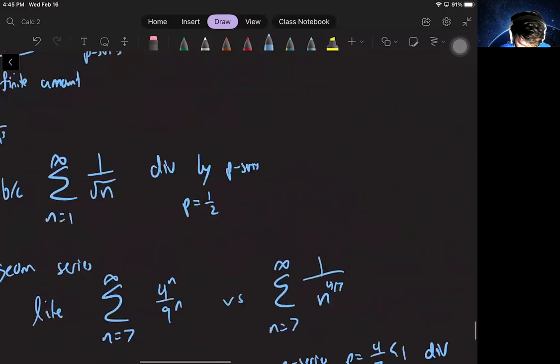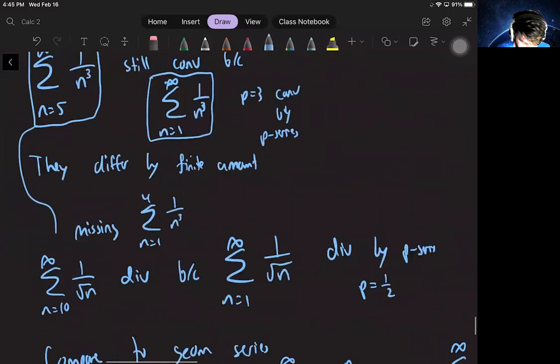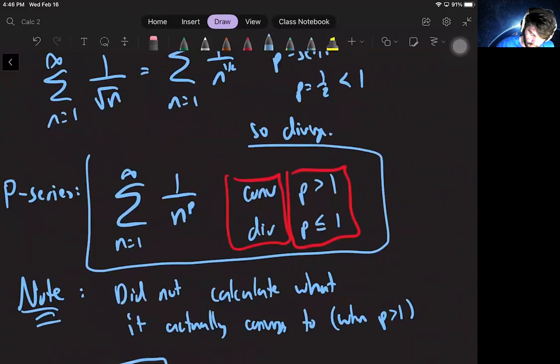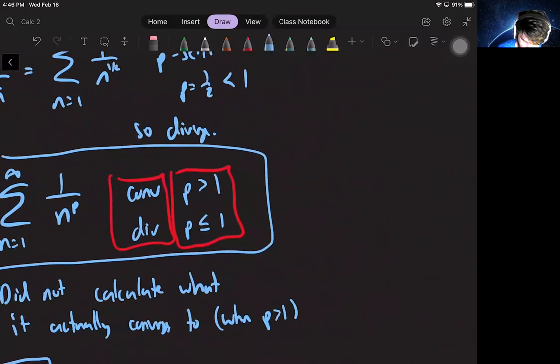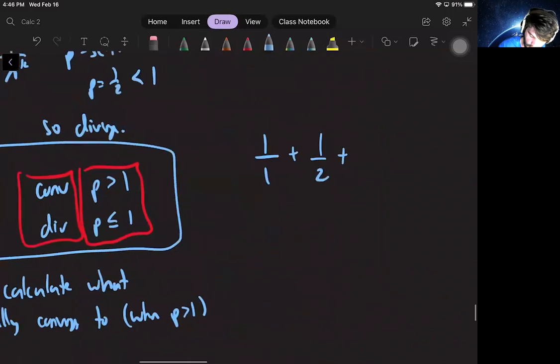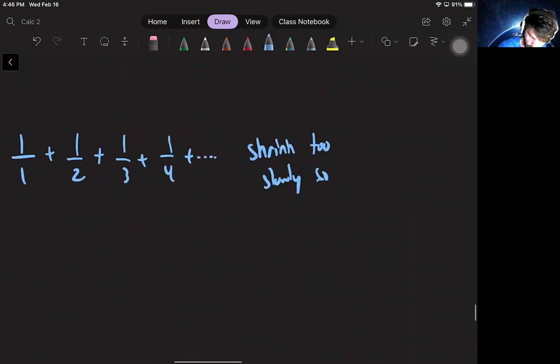Okay. The very general way to think about all this, the p series stuff, is basically you need big powers of p, because if it's too small, like if it's 1, so you just have 1 power of p, which is the harmonic series, then the numbers that you're adding up sort of shrink too slowly. So it diverges.